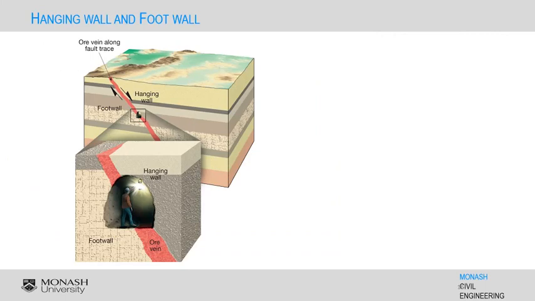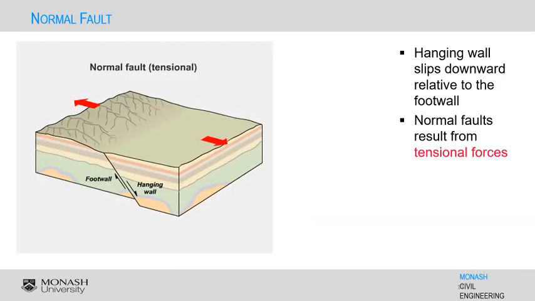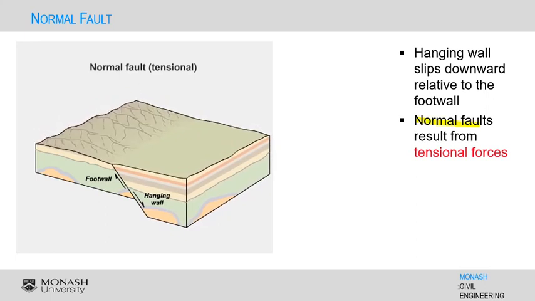A fault plane divides a rock into two blocks: the hanging wall and foot wall. This terminology comes from mining. When working a tabular ore body, the miner stood with the foot wall under his feet and with the hanging wall above him. If the hanging wall slips downward relative to the foot wall, the fault is defined as a normal fault.